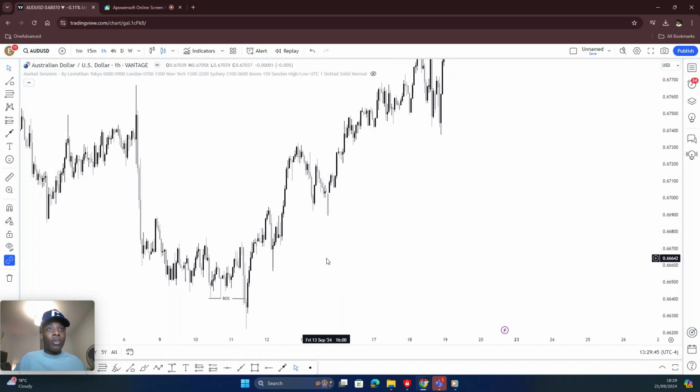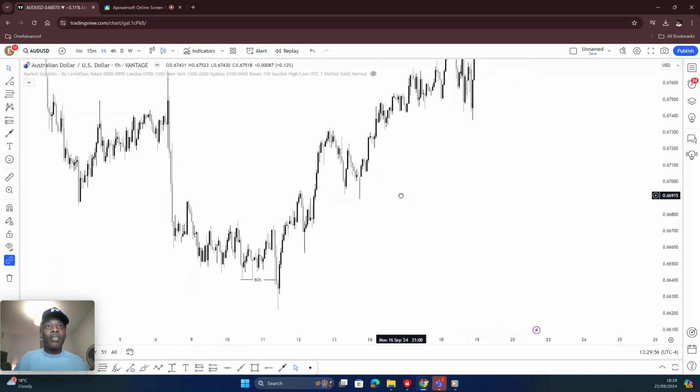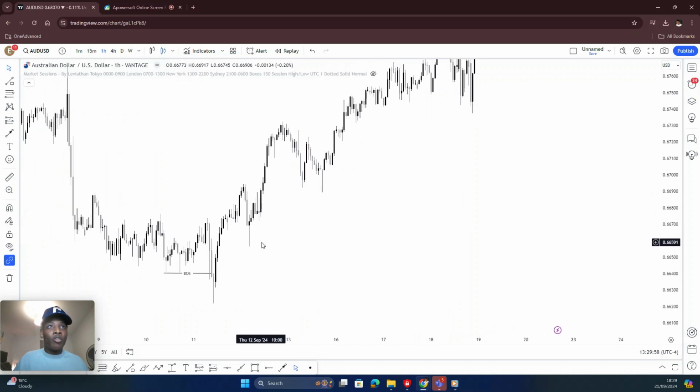In due course, we're going to speak about change of character as the video progresses, but for now we're going to focus on market structure and how to mark up your charts. So on to the next. Now we want to identify the next break of structure to the upside. You can see that price is coming through to create our higher high, higher low here, creating a break of structure to the upside.